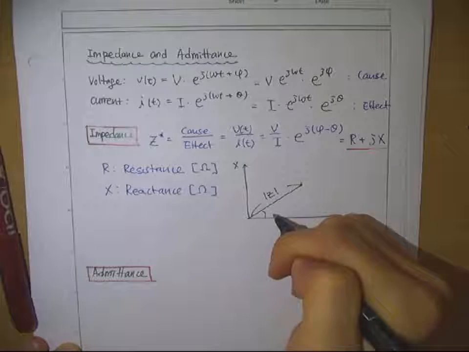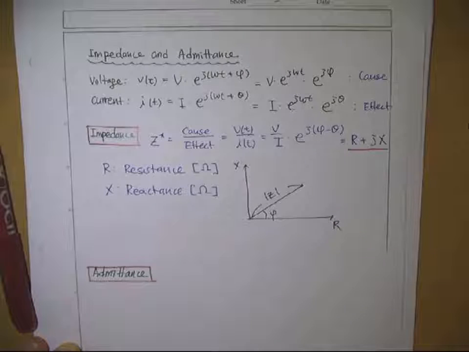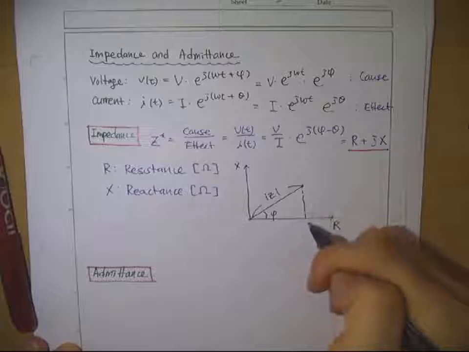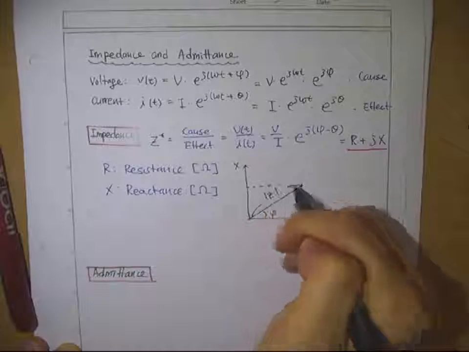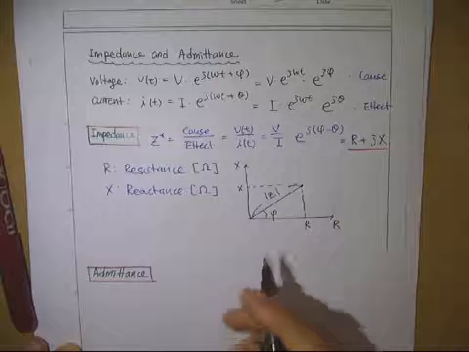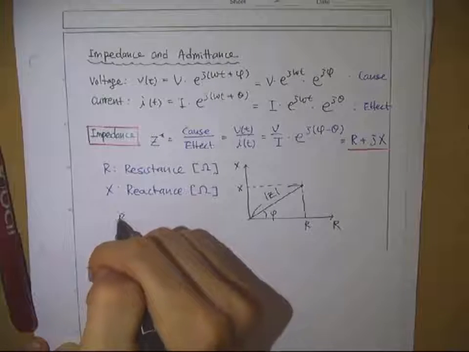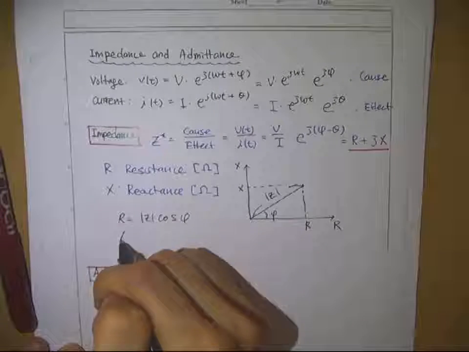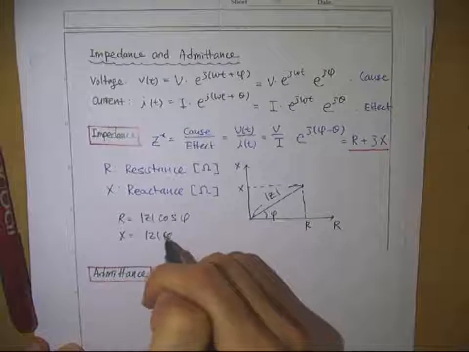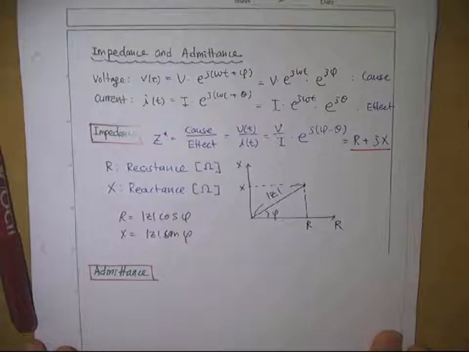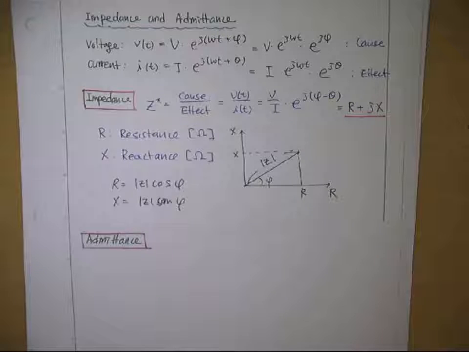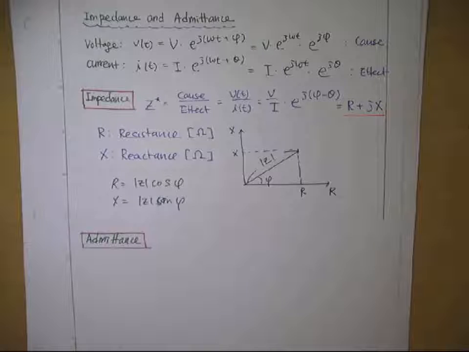And this will be phi, and R and X. So R is Z cosine phi and X is Z sine phi. Right? So this is so obvious.